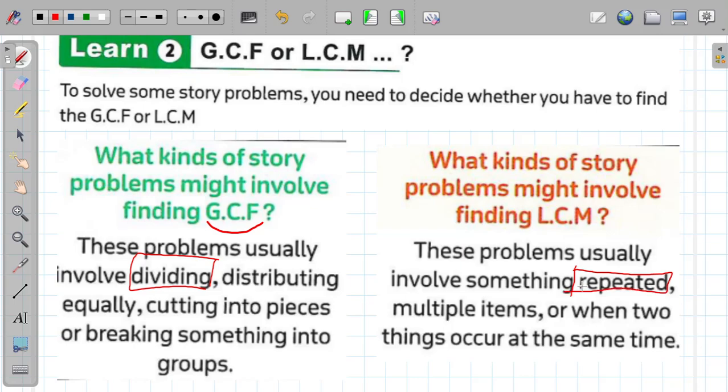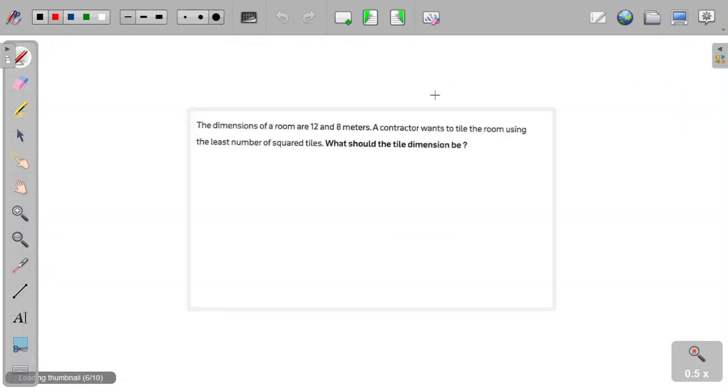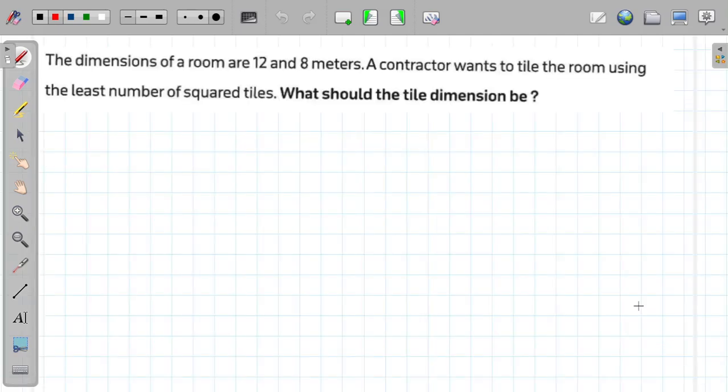Okay, so if I have a story problem like this: the dimensions of a room are 12 and 8 meters. A contractor wants to tile the room using the least number of squared tiles.